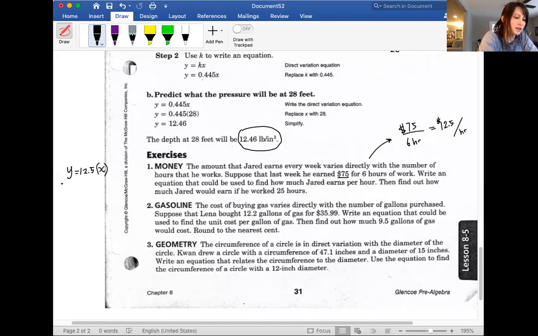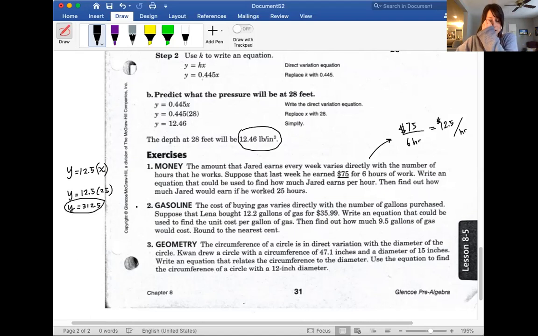So now we can multiply that by 25, write out our equation, and Y equals $312.5. That's how much he would earn if he worked 25 hours, okay?